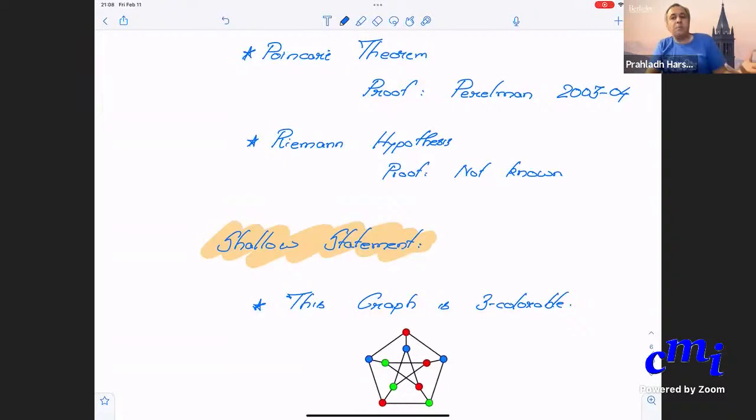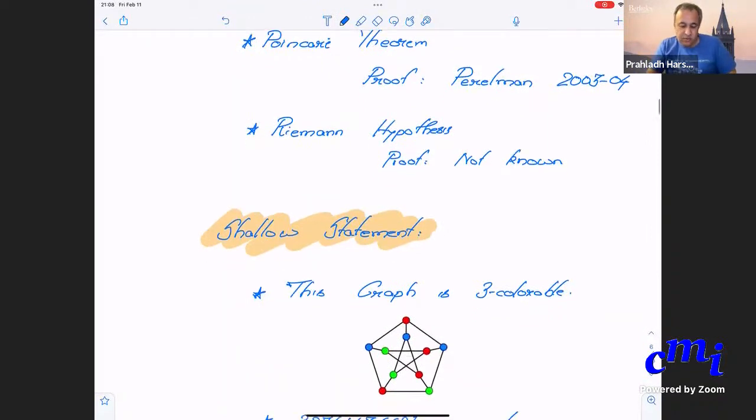Somebody could claim this. For example, somebody could claim that the graph of the countries of the world, when you draw the map, is 3-colorable. This is actually not true. You sometimes require at least 4 colors to draw certain maps, and it's known that 4 colors are sufficient.